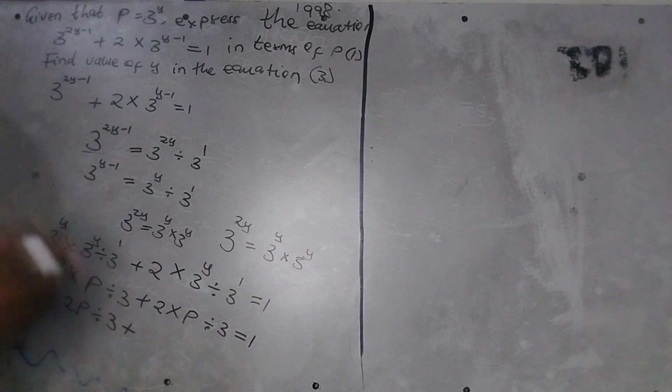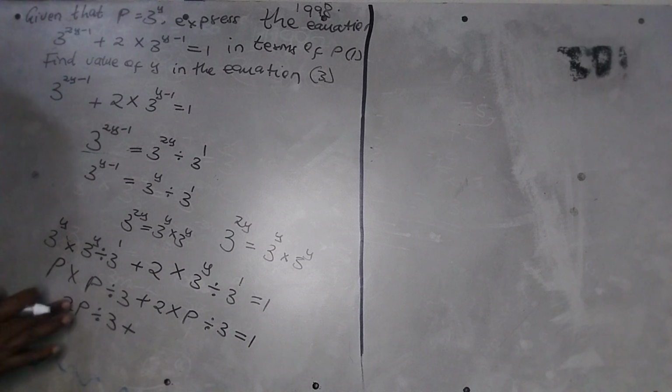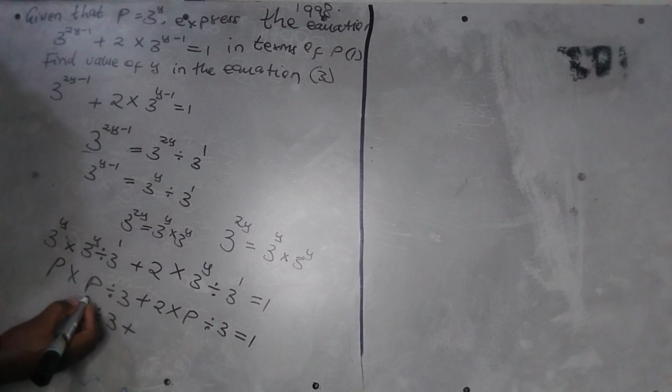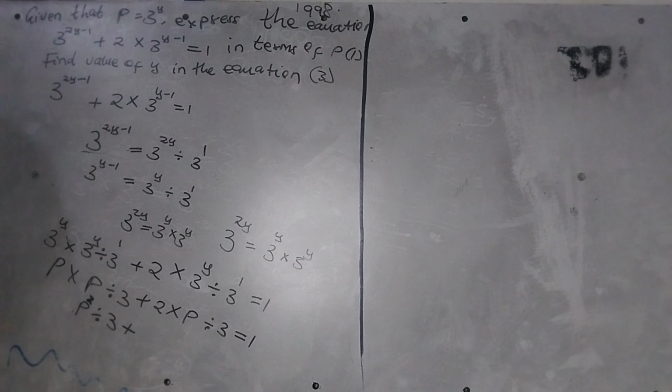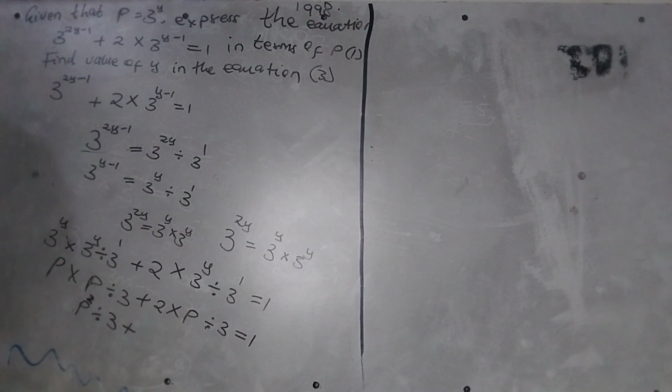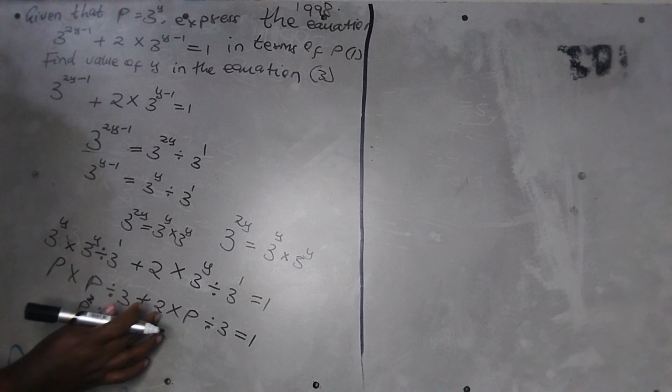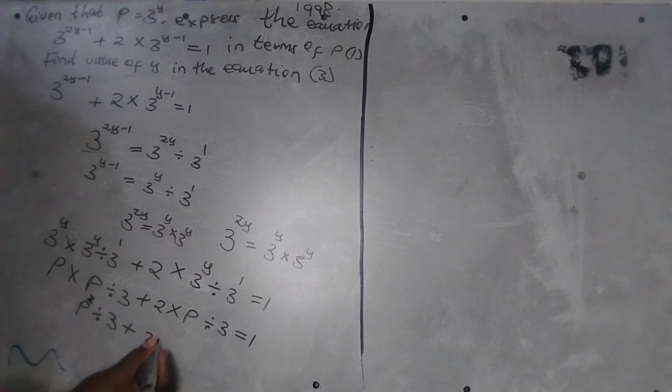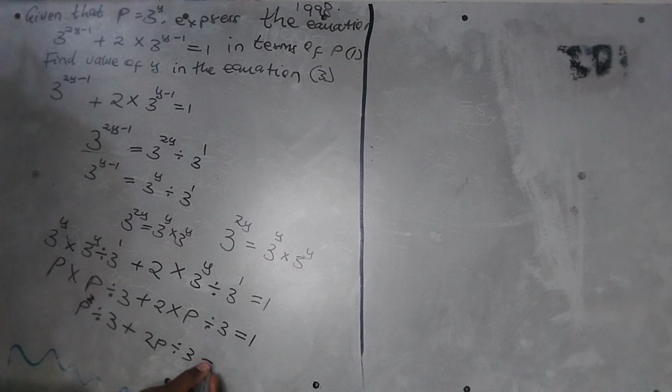A number times itself becomes the number squared. So here was a careless mistake, one of the diseases that make students fail to score in maths. So P times P becomes P squared divided by 3, plus 2 times P becomes 2P divided by 3, gives us a total of 1.